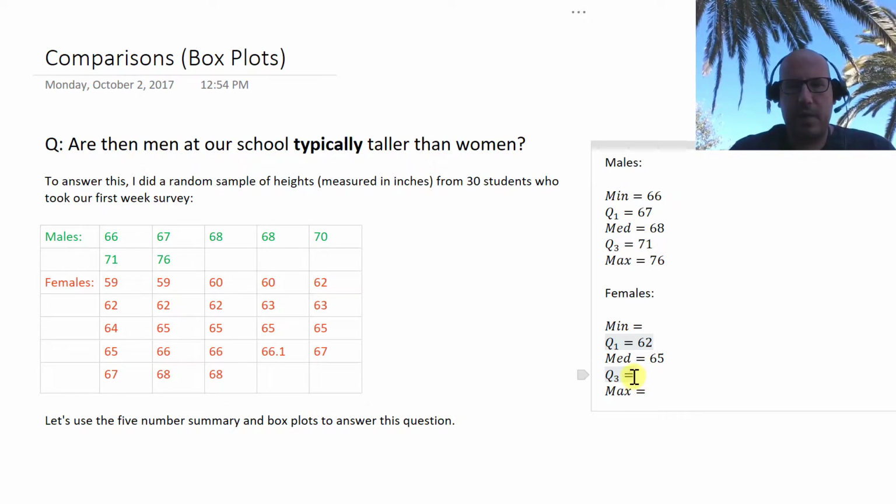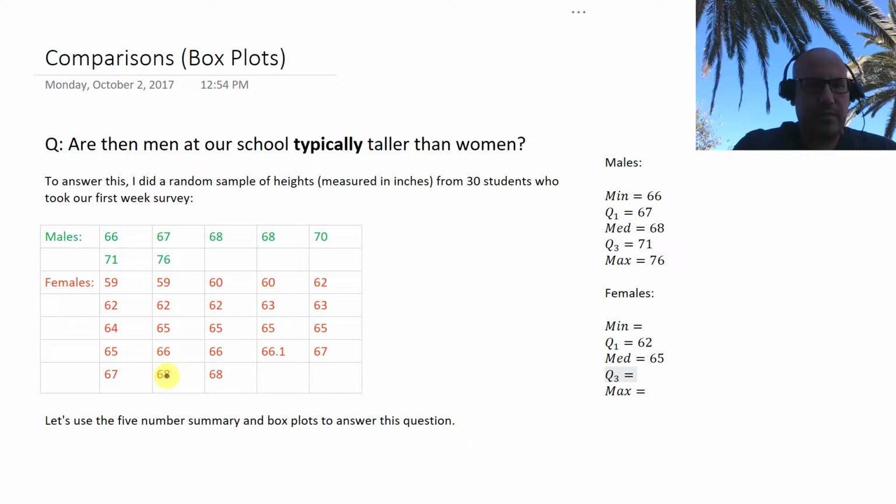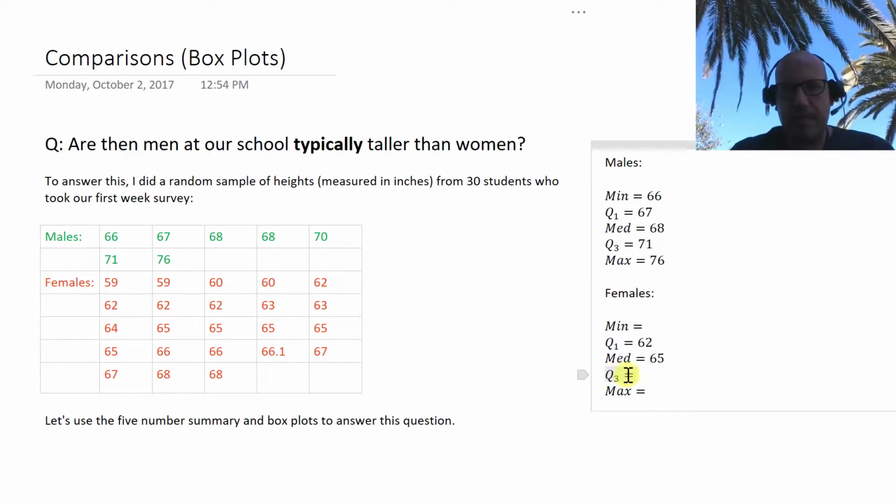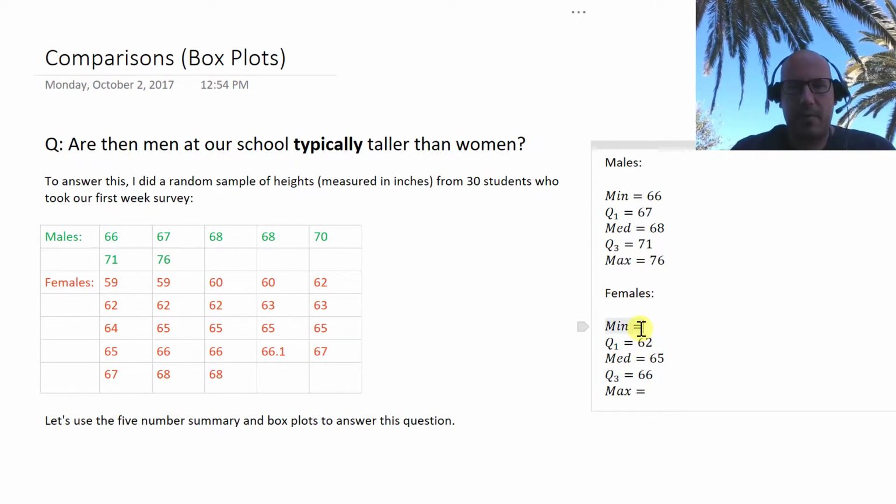For the top 11, we'd have 1, 2, 3, 4, 5, and so it'd be 66. Round that out with the minimum and the maximum. The minimum here is 59. The maximum here is 68.